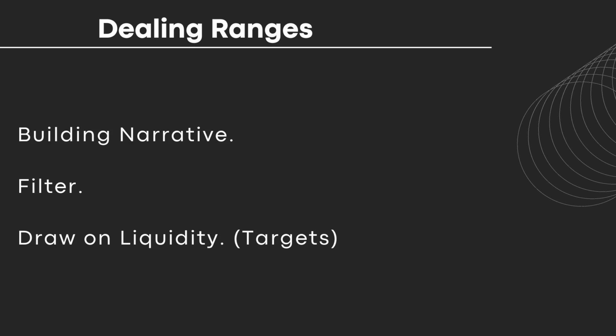The second aspect of the dealing range is that it is used as a filter. It is used for weeding out and filtering out the lower probability or low quality scenarios, and ending up with only the ones that are highly likely and high probability in nature. Now remember the first few chapters about market profiles, where I taught you that when an expansion profile tests a key level, the next likely profile is going to be a reversal profile.